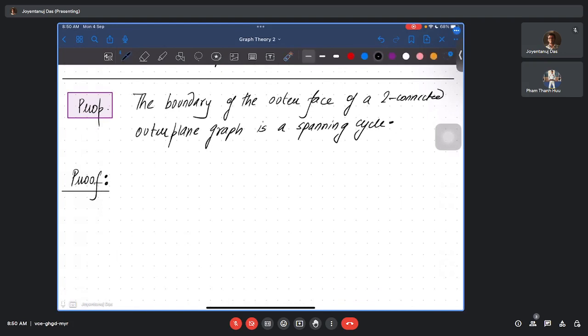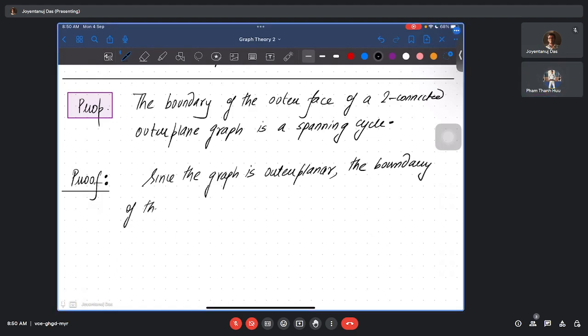So the boundary of the outer face contains all the vertices. This is by definition. So that part is clear. Now we have to show it is a cycle.